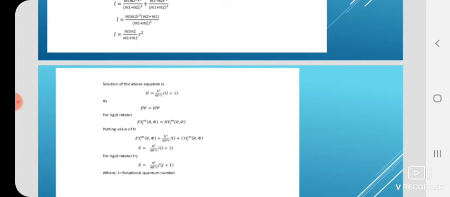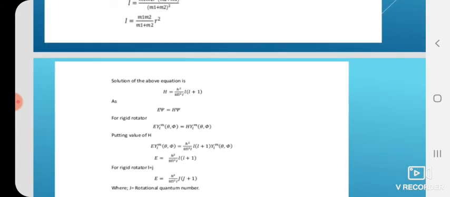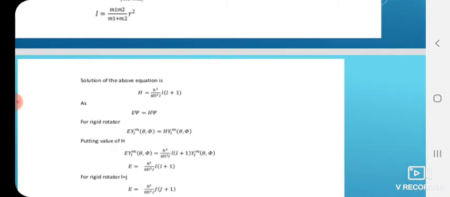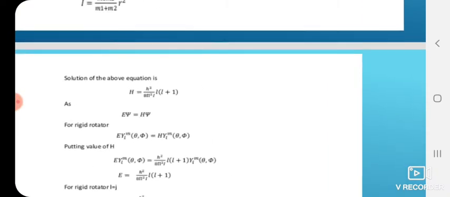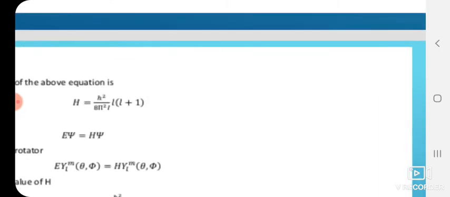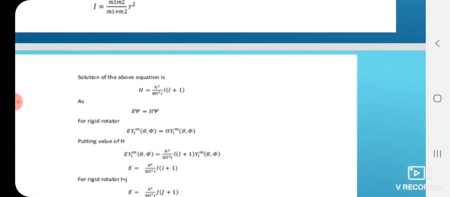So, the solution of the above equation is H is equal to h square by 8 pi square I into L into L plus 1.